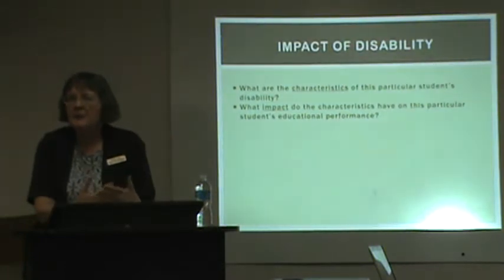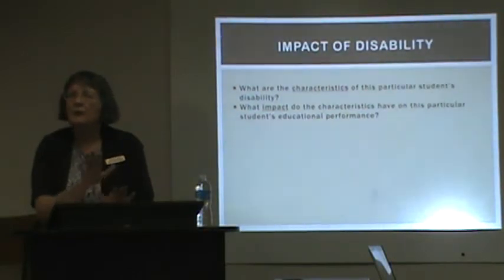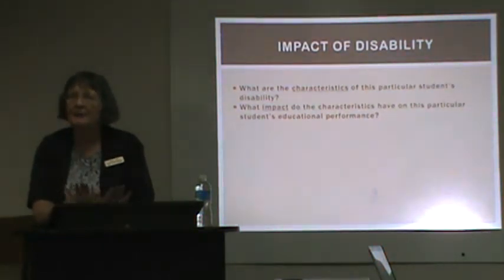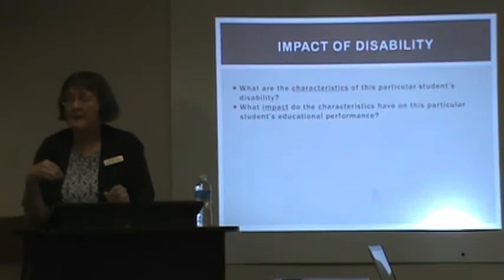So, what we talked about this morning on summarizing the psychological and finding out that key information related to each disability will help you know what characteristics for that particular child apply. So you can refer back to your summary of the psychological to find the characteristics that go with that disability for that child.